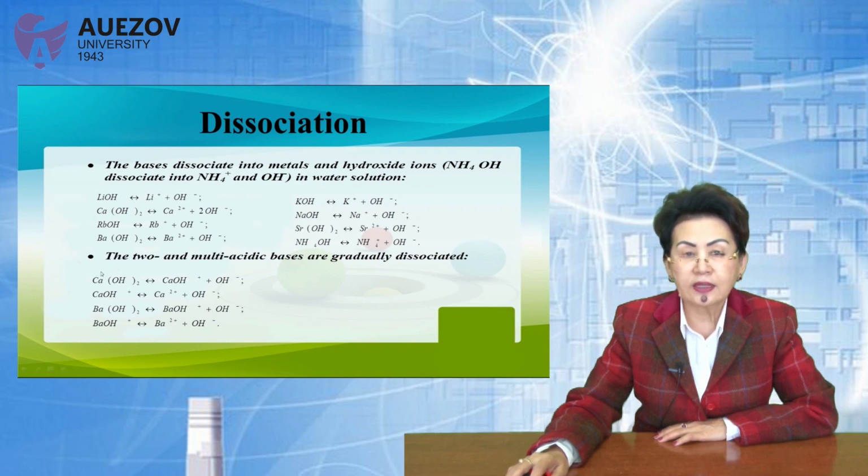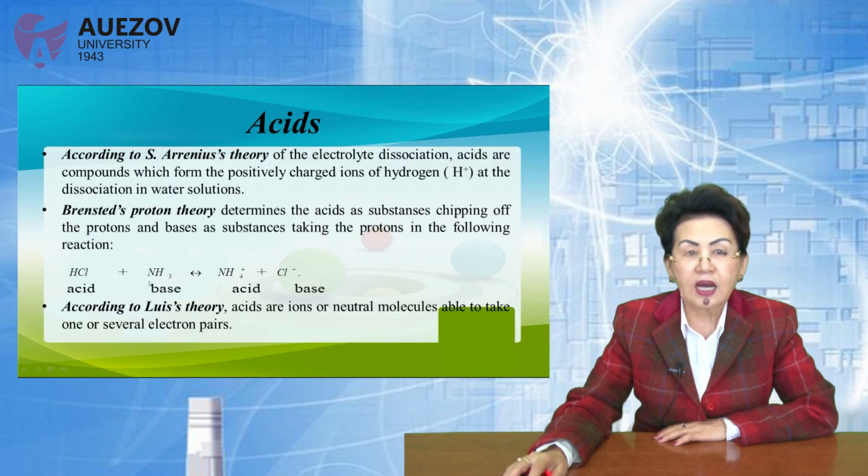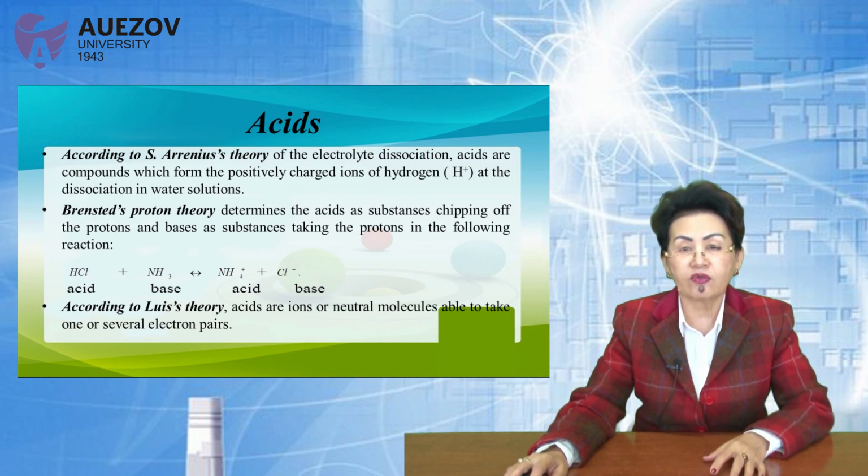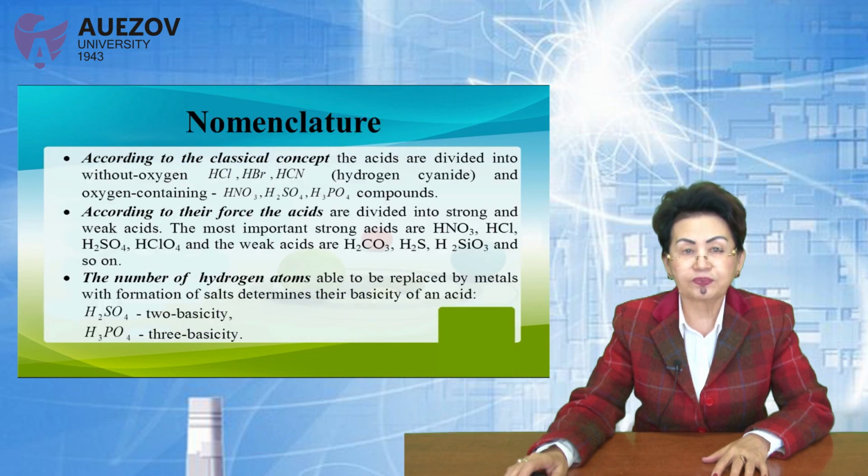The two and multi-acidic bases are gradually dissociated. Acids. According to the Arrhenius theory of electrolytic dissociation, acids are compounds which form positively charged hydrogen ions at dissociation in water solution. Nomenclature of acids.